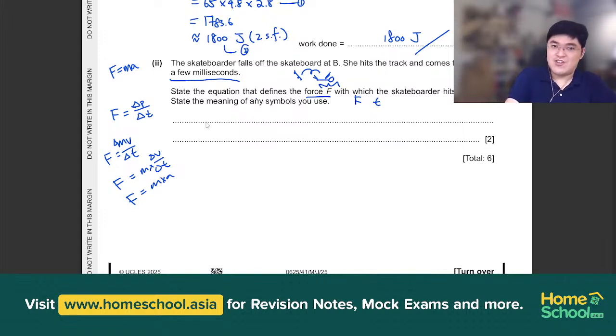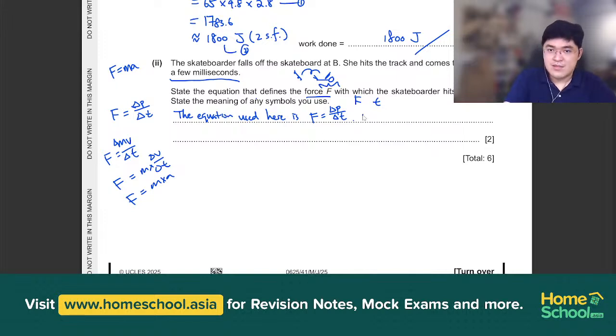So the equation we should use over here is, let's write it down: F is equal to delta P, change in P over change in t.